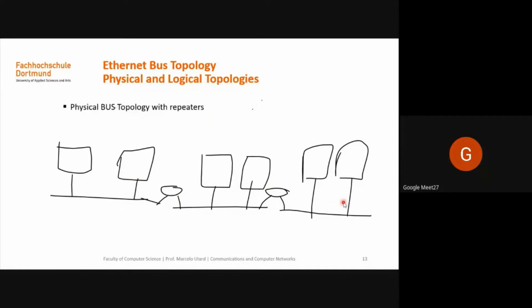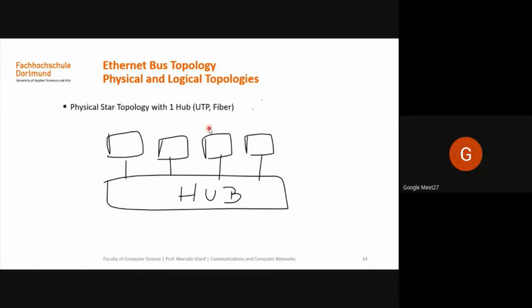Another scenario is when we use a physical star topology, for instance, when we use unshielded twisted pair UTP, or we use fiber. And then, in fact, the links between the stations and a concentrator that we call a hub are links where, in the case of UTP, we use two twisted pairs, one to transmit from the station to the hub, another one to transmit from the hub to the station.